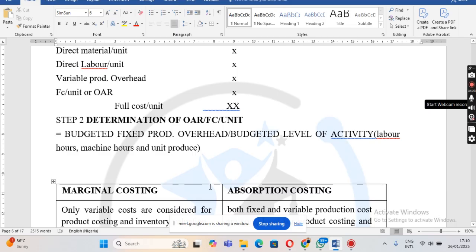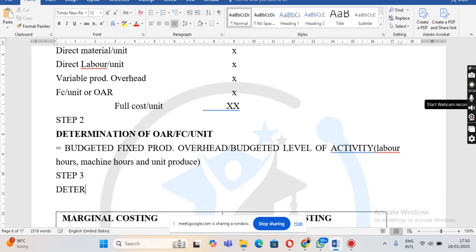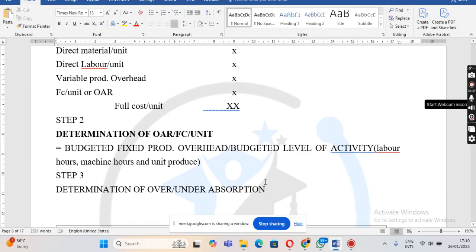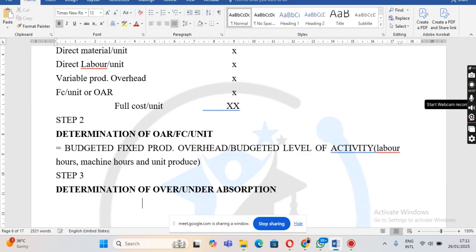Step 3: determination of over and under absorption. Let me just use one year so that we can move on.